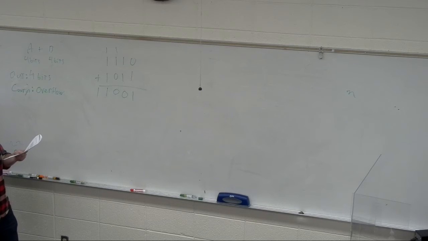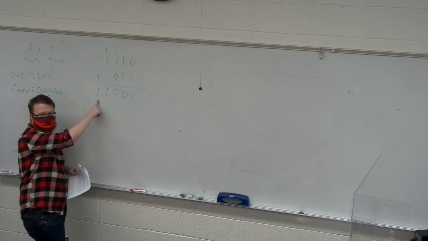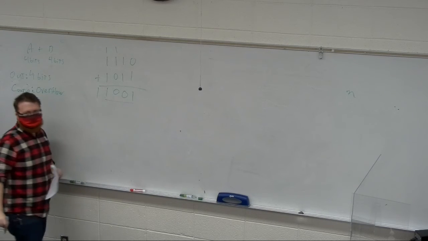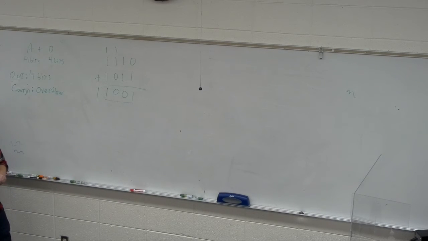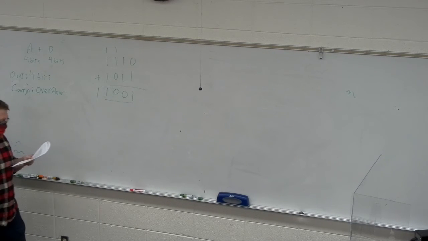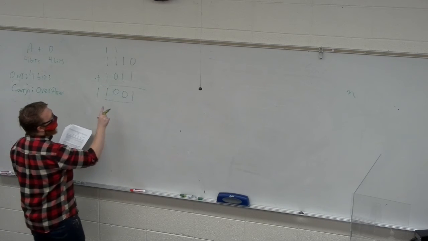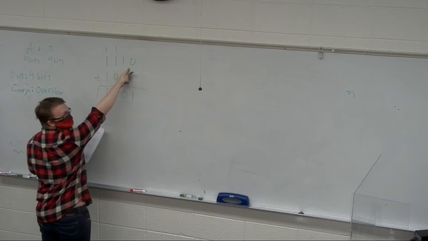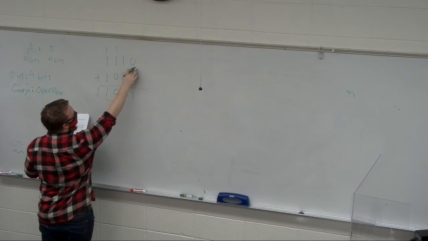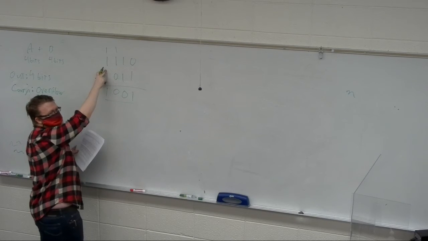Now the question is, we don't care what the carry is. What we do care about is this number, correct? What is this number? 9. Well, kind of. What is this number? Remembering that right here we're 0 or 1, 2, 4, minus 8.